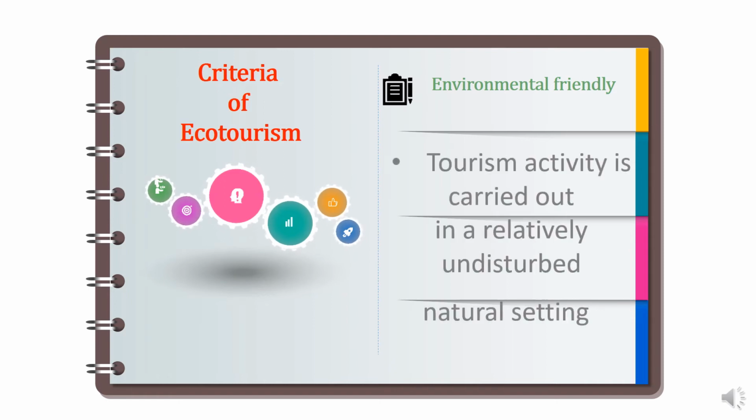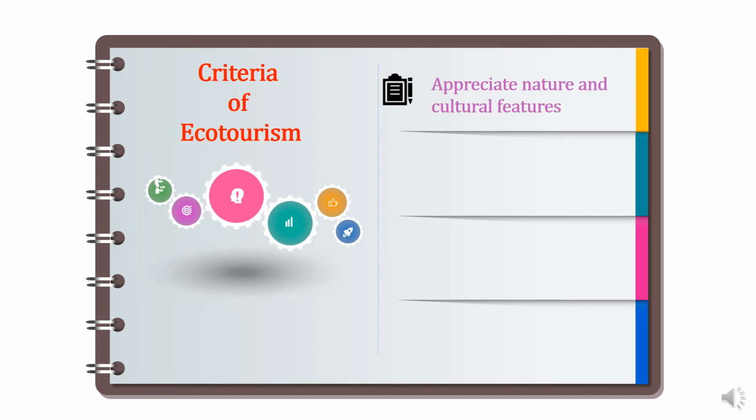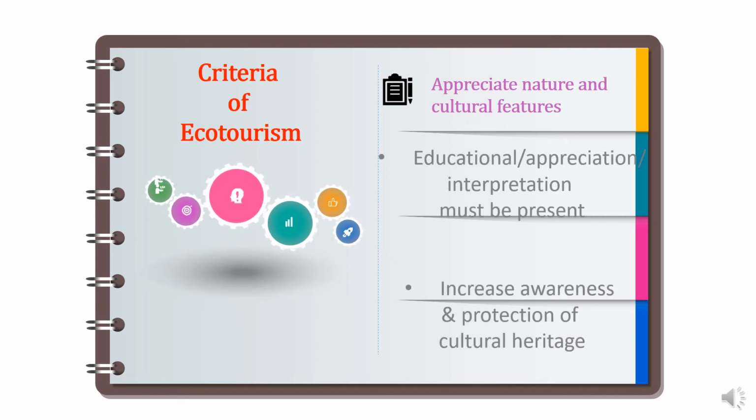Environmentally friendly means tourism activity is carried out in a relatively undisturbed nature setting, so we need to take care of our environment so that we can sustain it and maintain our sustainable tourism and our ecotourism. Okay, second, appreciate nature and cultural features.